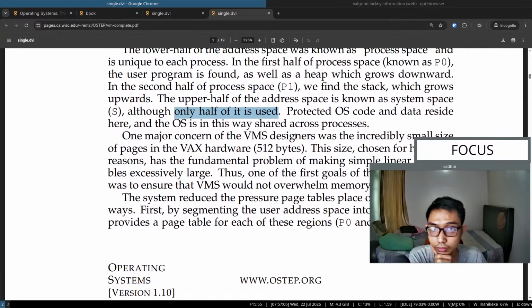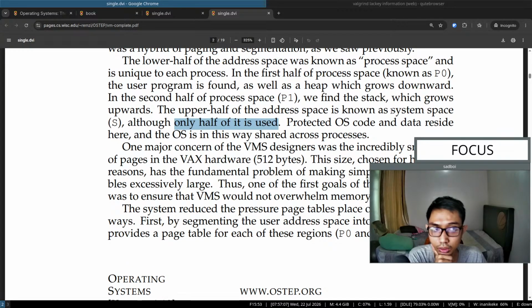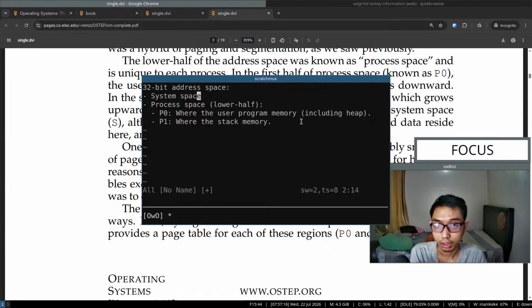So in the system space, we only use half of it.